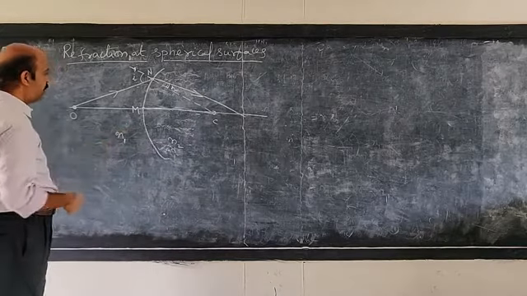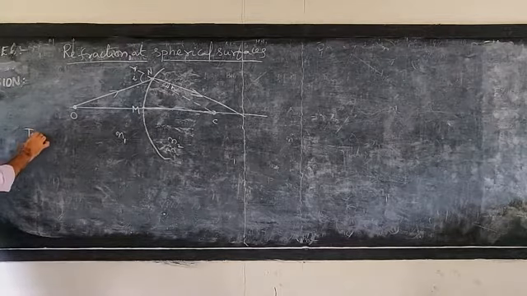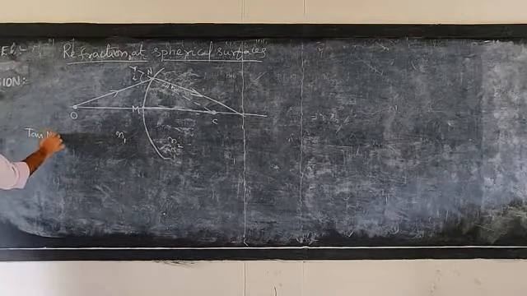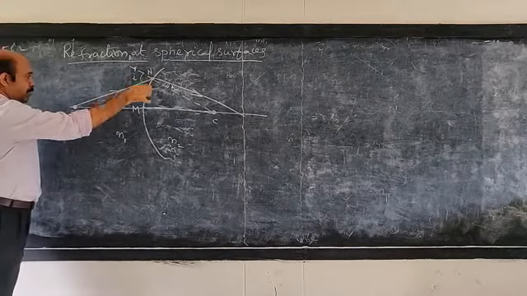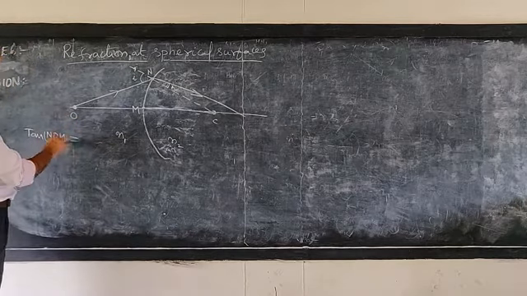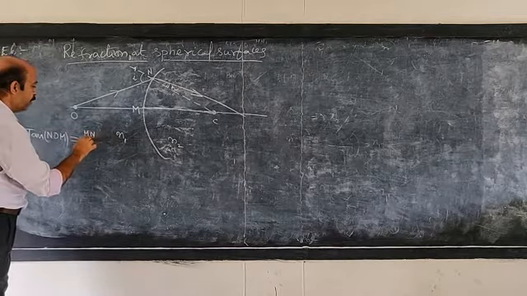Now, from the geometry of the figure, I can write: tan of angle NOM. So I am taking a triangle here, and almost you can represent this as the perpendicular. In such a case, this is MN by MO.